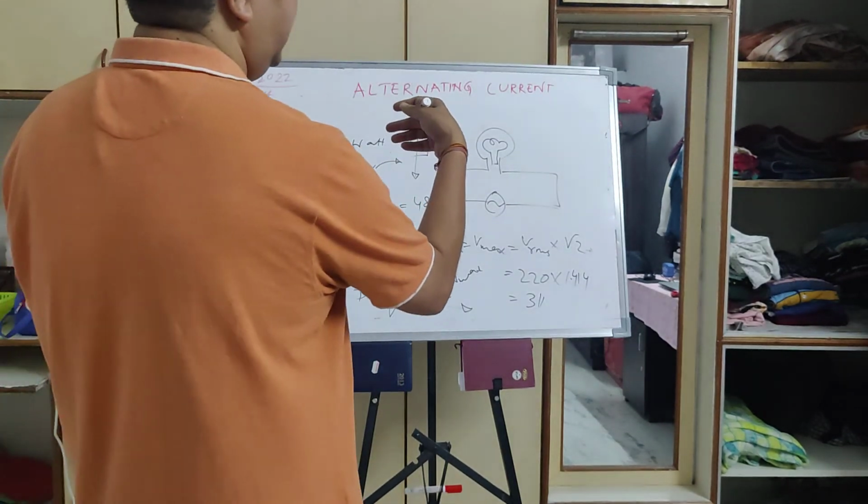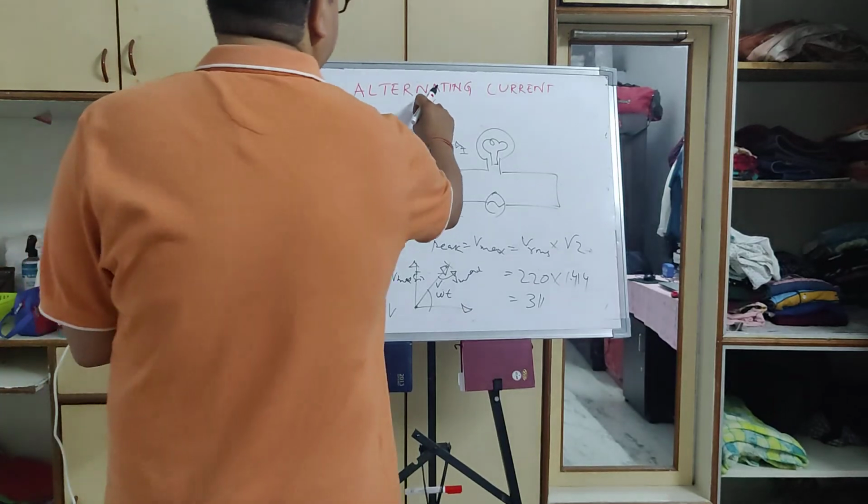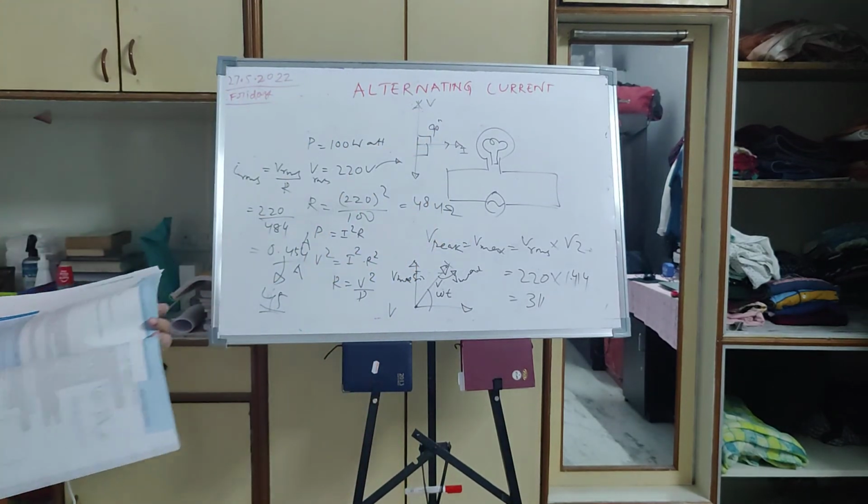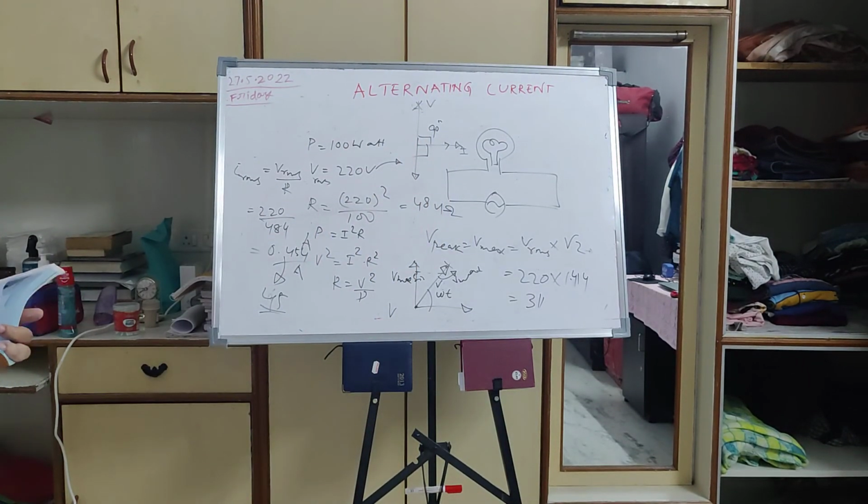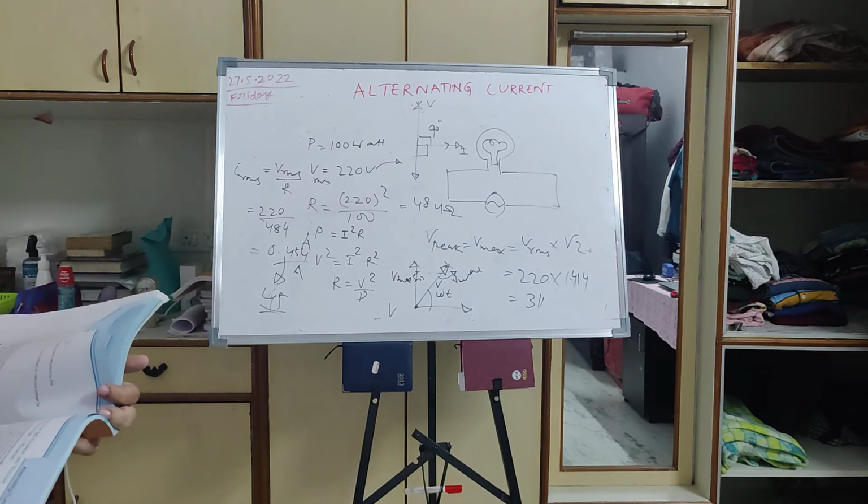When you have an LRC circuit, it depends on the resultant of inductive voltage and capacitive voltage. Depending on that, your phase angle will be decided.